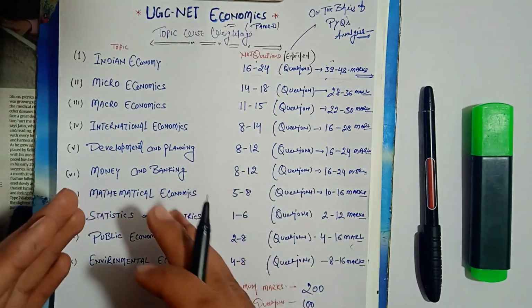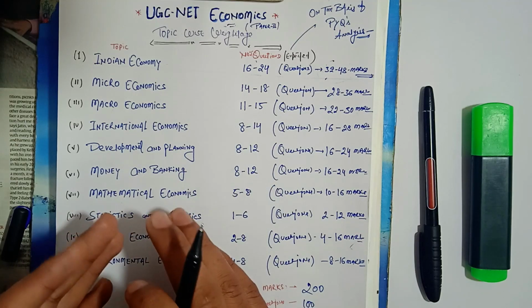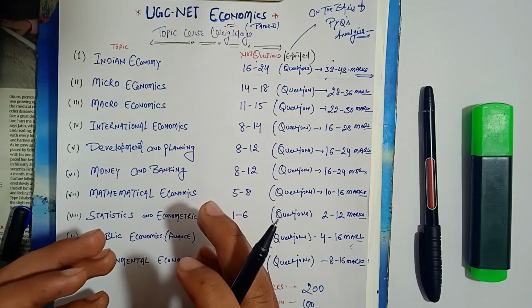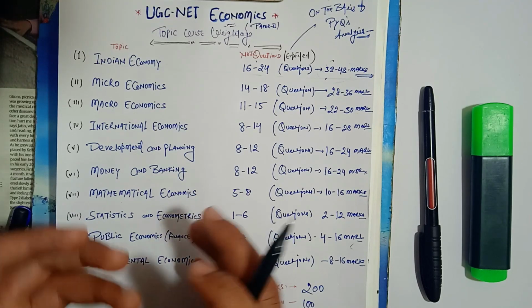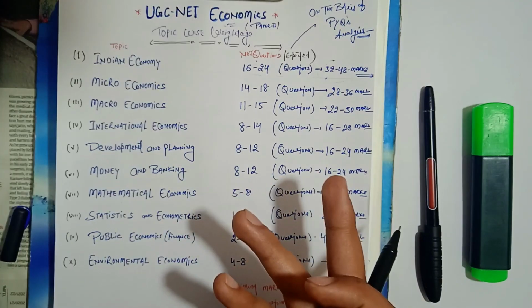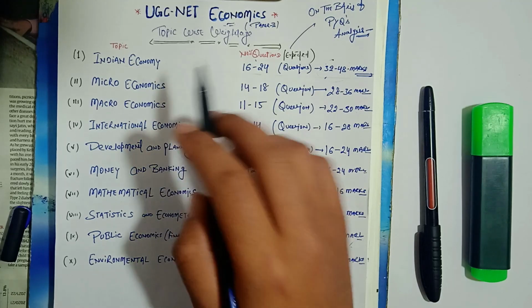They could also ask about the economists who gave those theories: for cardinal, Alfred Marshall, then Pareto, then Hicks and Allen, and then Samuelson. They ask questions from this section like this.